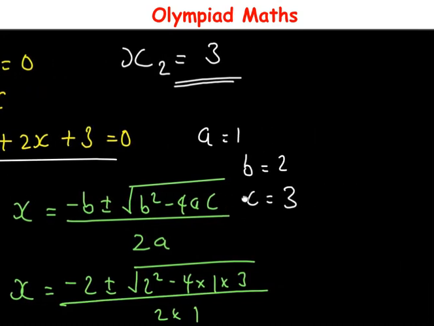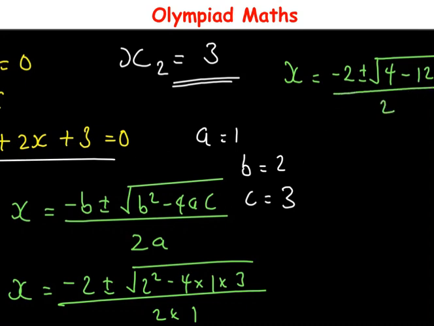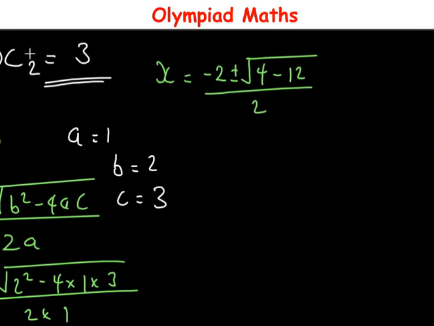And with this, the value of x is equal to minus 2 plus or minus square root 2 squared is 4 minus 4 times 1 times 3, that will give us 12, all over 2 times 1 is 2.